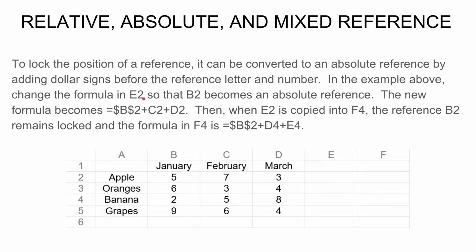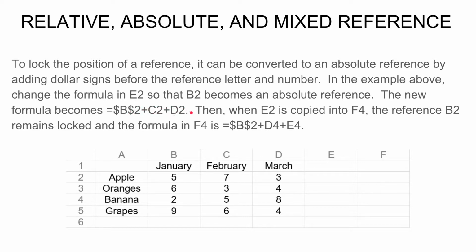Absolute references are when you put in the $ before the row or column. And what this does is that it locks the reference point to that specific cell. And so when you move it around, it's always going to refer back to that same cell.